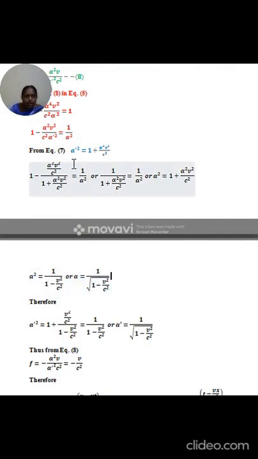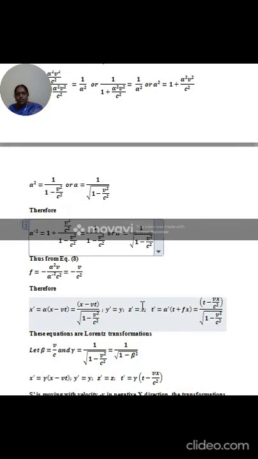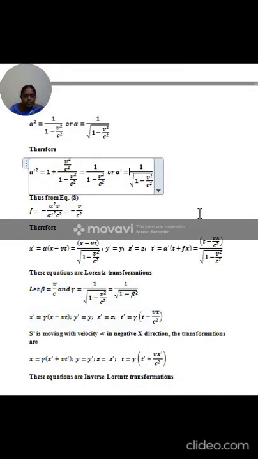Substituting value of alpha in this equation, we can get the value of alpha prime squared, and alpha prime squared is also equal to alpha, which is equal to 1 by root of 1 minus v squared by c squared. So now since alpha prime squared is equal to alpha squared, this can be eliminated, so f can be written as minus v by c squared.